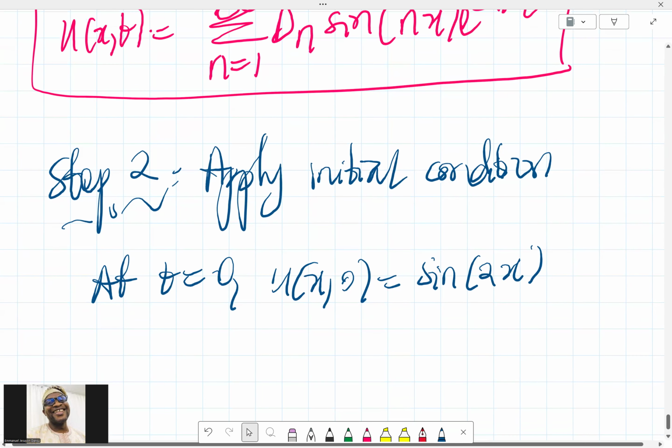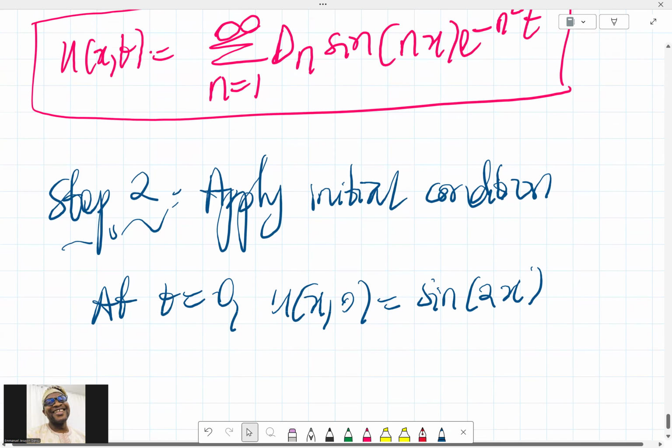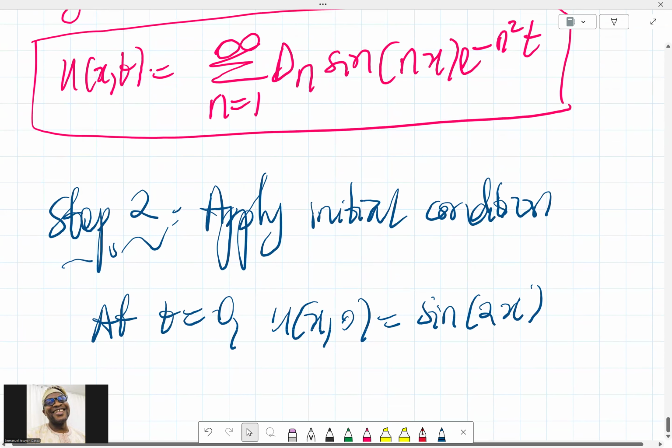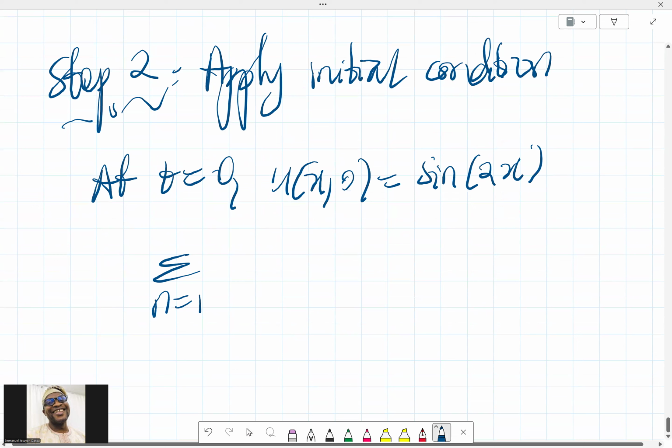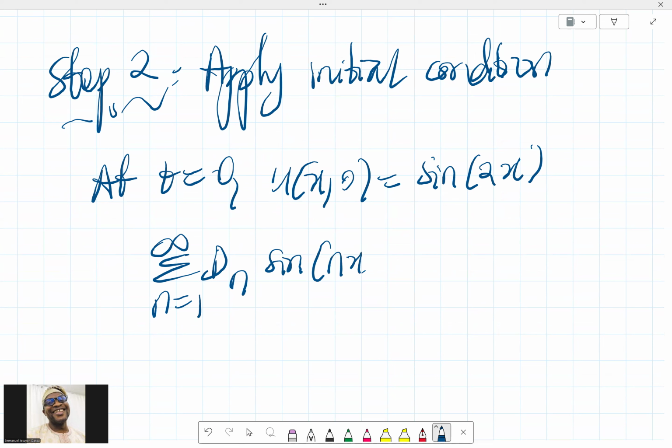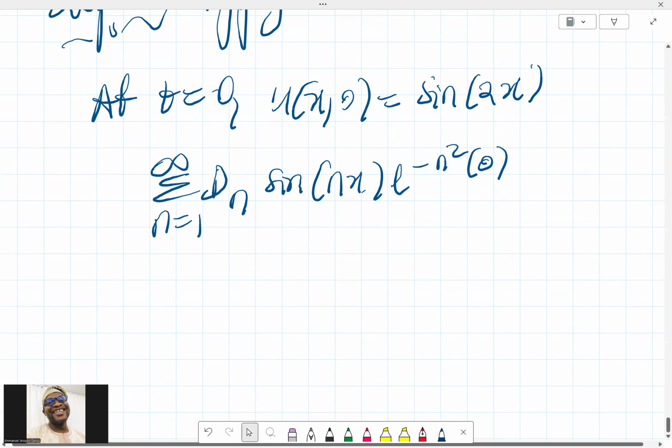So if we put that here, setting t to be 0, we have the summation from n equals 1 to infinity of dn sine nx, e raised to the power minus n squared times 0.